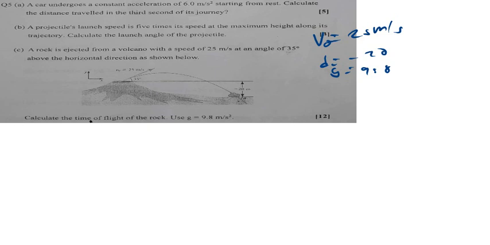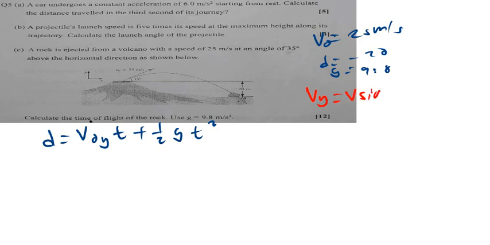The most important thing here is I'm going to start with this one. If I use d, since I don't have time and I want to find time, I can use the second equation: v initial times t plus half gt squared. Now this v initial is in which direction? The y direction. According to SOHCAHTOA, Vy will be equal to V sine theta.